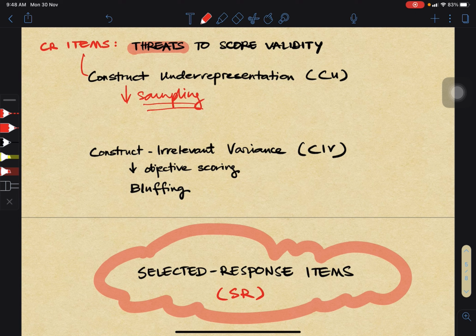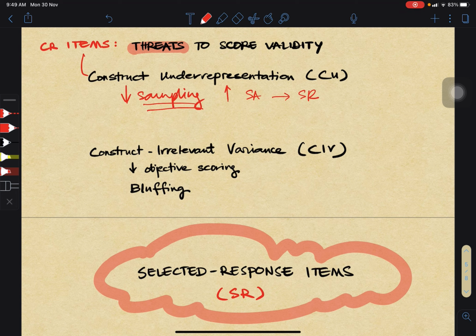Okay, how to overcome that? As much as possible, we increase the sampling. Where it is justified, we can favor short answer questions over long answer. And if you are not looking for detail in answering, the logic behind answering, argument skills and things like that, then just go for select response item formats.